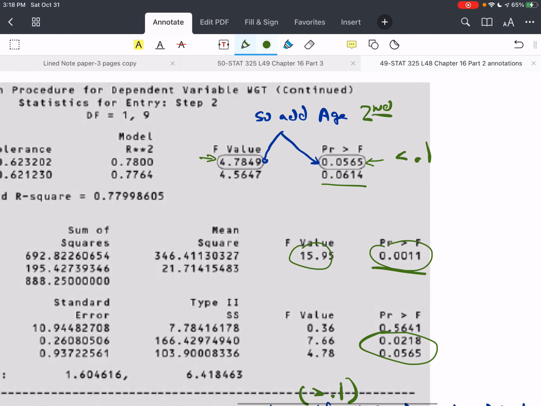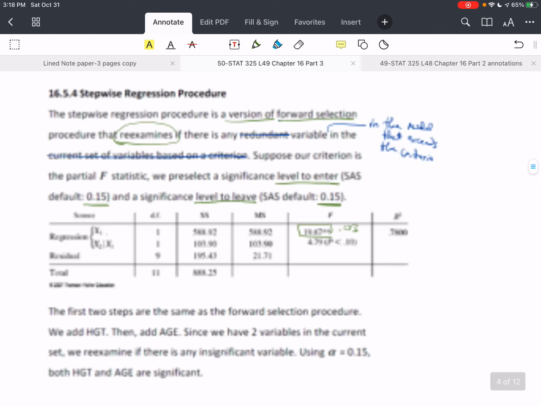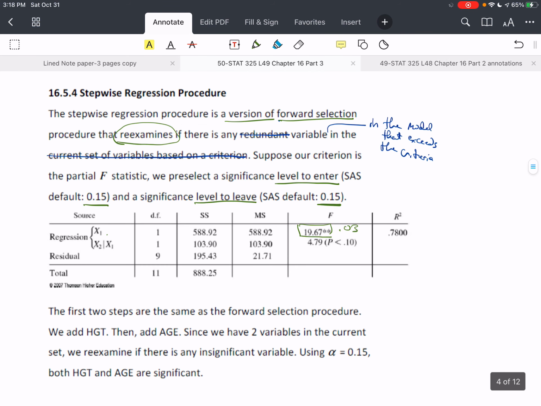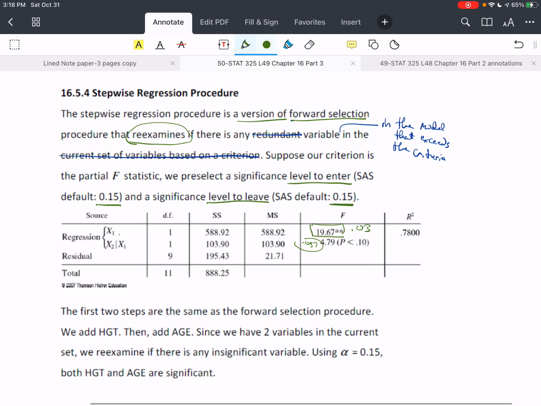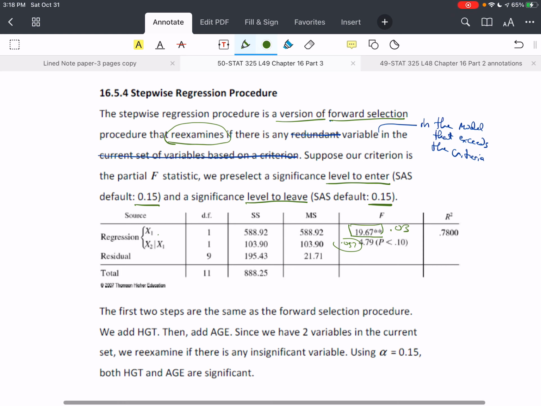And we look at the p-value, and we've got here 0.05 or 0.06, 0.057, let's say, for that, and 0.06. So this was 0.057, and so we added x2 to the model, okay?